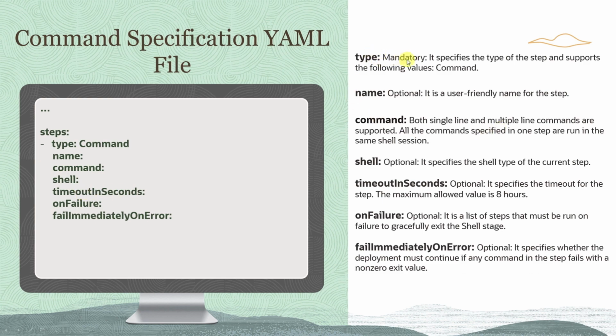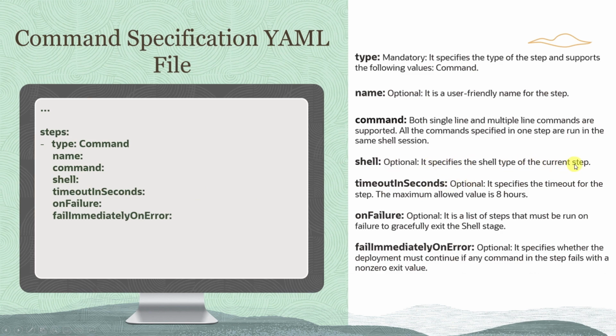The type attribute is a mandatory attribute, and it specifies the type of steps which supports the command value. Name is optional. It is a user-friendly name for the step. Command, both single line and multiple line commands are supported, and all commands specified in one step are run in the same shell session.